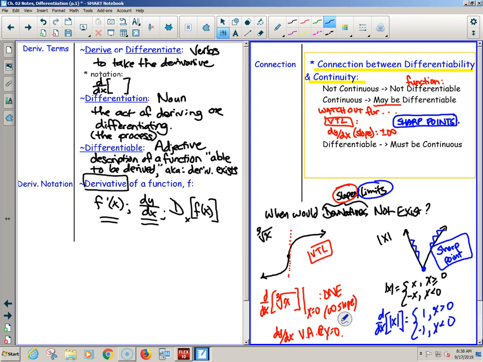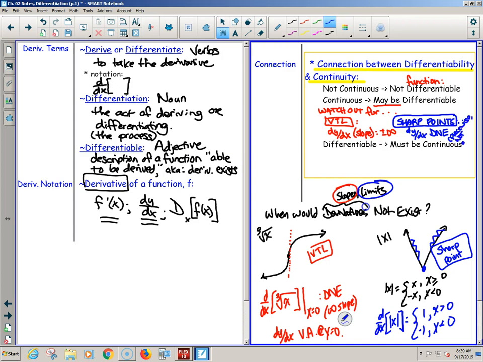Sharp points are going to be when the derivative does not exist. When the derivative does not exist. And if I were you, I would put in parentheses something about piecewise.